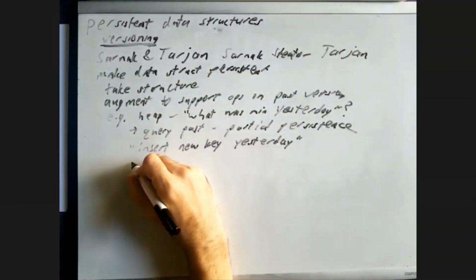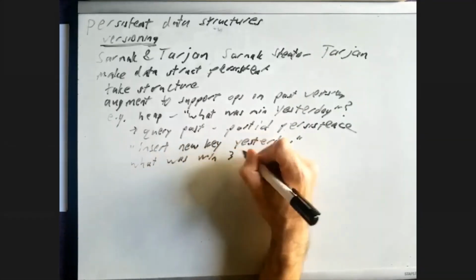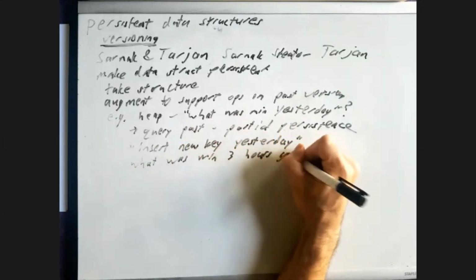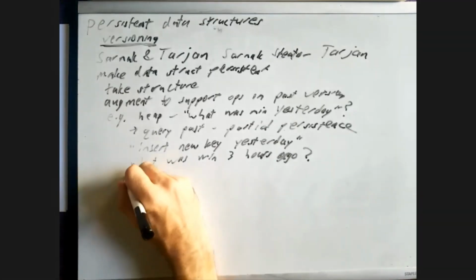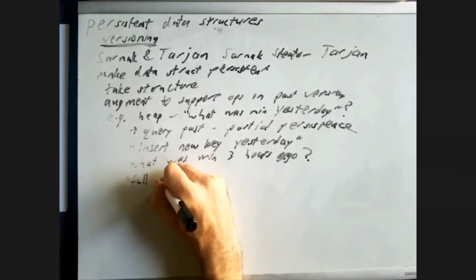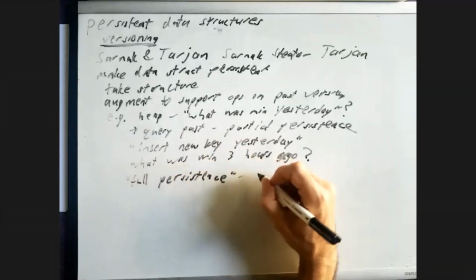And then ask, what was the min 3 hours ago? And have it answered with the inclusion of the key that was inserted today. Right, so now we're doing time travel, and it's really hard to even explain what they're doing, right? But this is what they called full persistence, where you can query and modify the past.